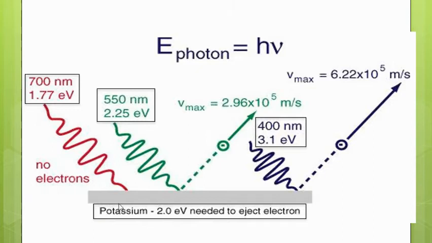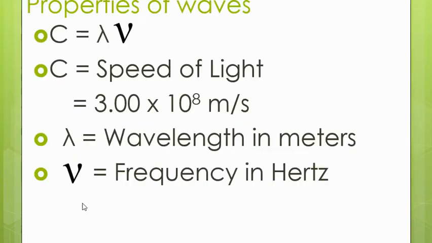For example, if we had a minimum value of 2 electron volts and we shined in light that had 1.77 electron volts, that would not be enough to cause that electron to pop off. But if you have that much or more, then it will cause it. That's why sometimes your solar calculators don't work in the dark or in darker light.